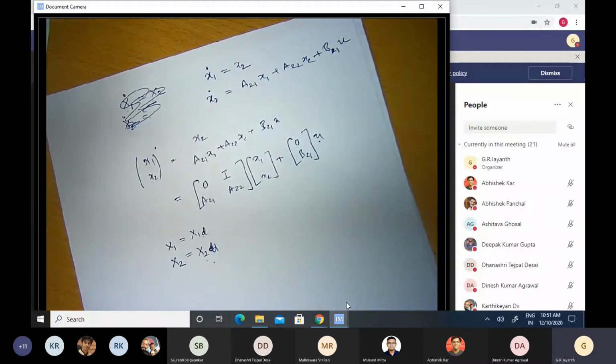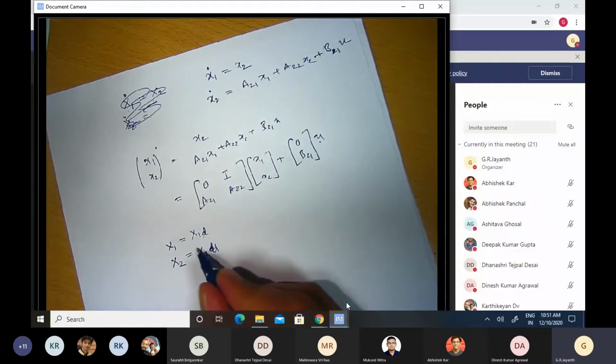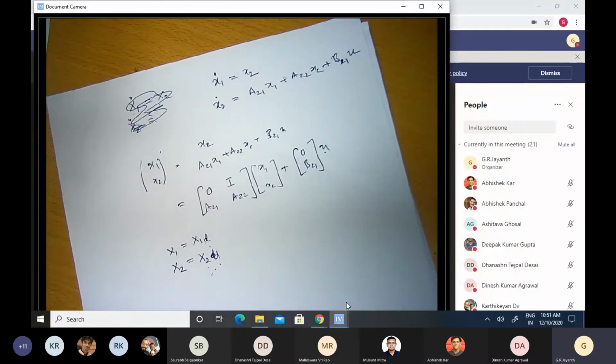Is that clear? Are there any questions about this? This is my goal as a control engineer. If I apply such joint torques that this happens, then my manipulator will move in the manner that my path planning engineer has asked it to move.